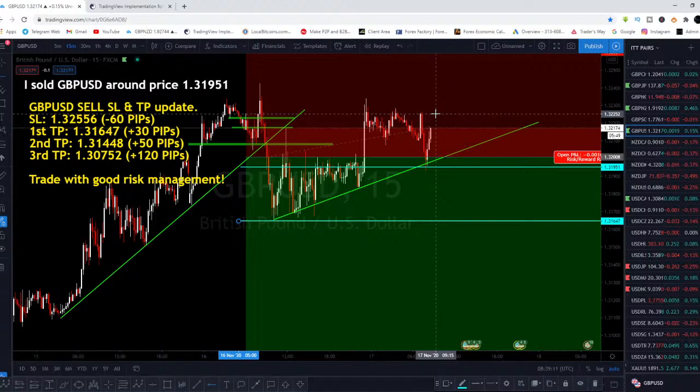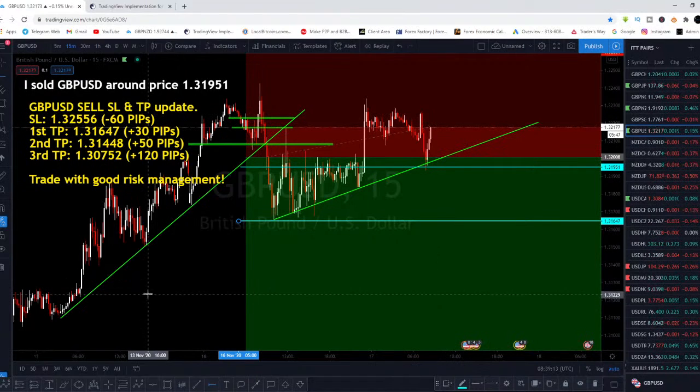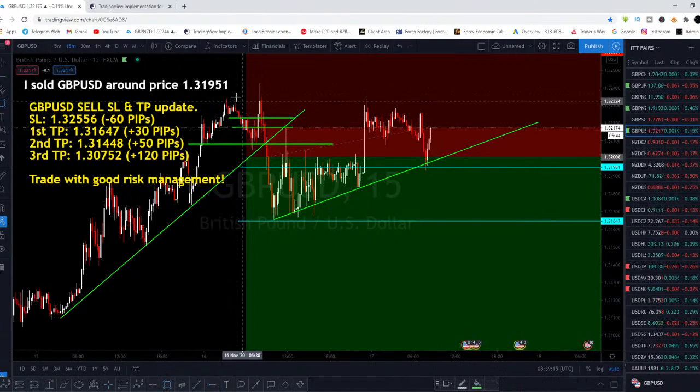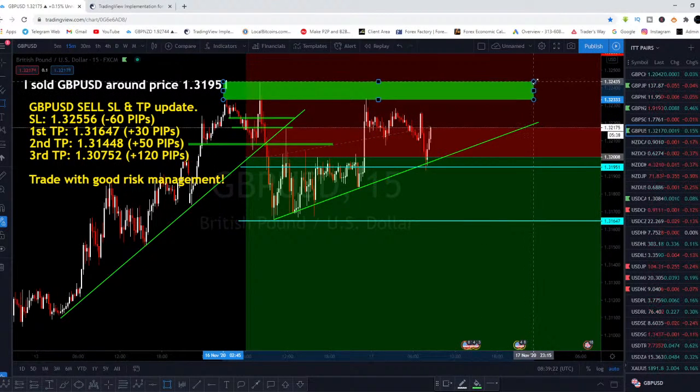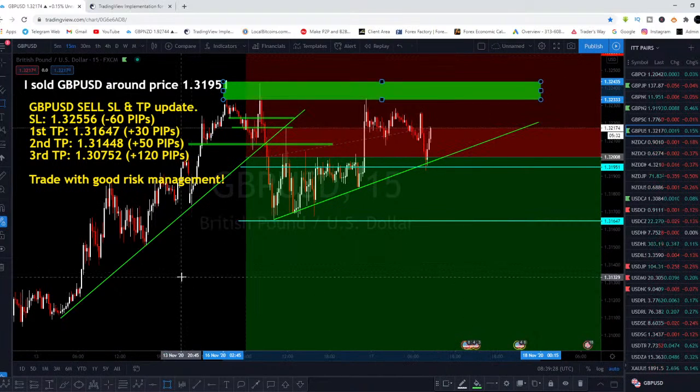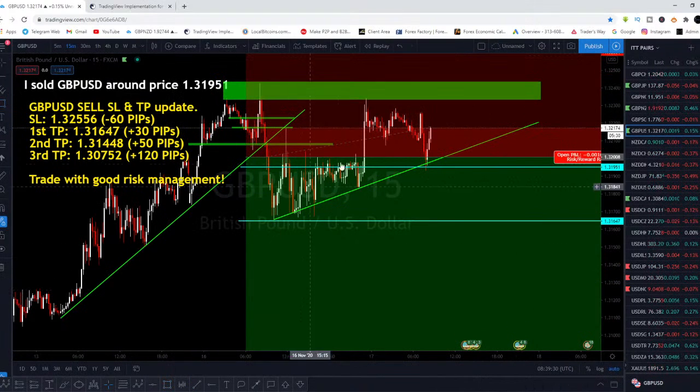The reason why I don't want to get out of this trade is that the market is not able to break out of this zone and continue the move to the upside. Anything that makes it break out of this zone and go up, retest, boom, it will continue the move to the upside and maybe hit our stop loss.